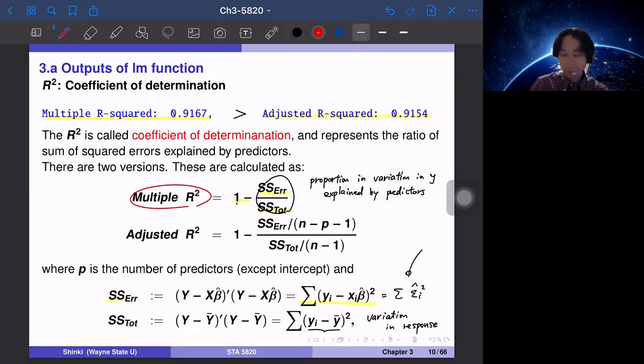One friend at my former workplace asked me why this is the proportion of variation in y explained by predictors. We just defined that English sentence this way. The original definition is the equation, 1 minus SS error over SS total, and sometimes we explain it in English this way.